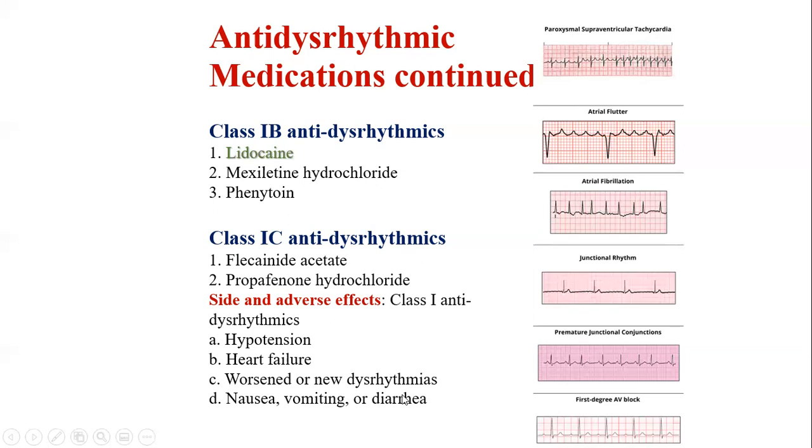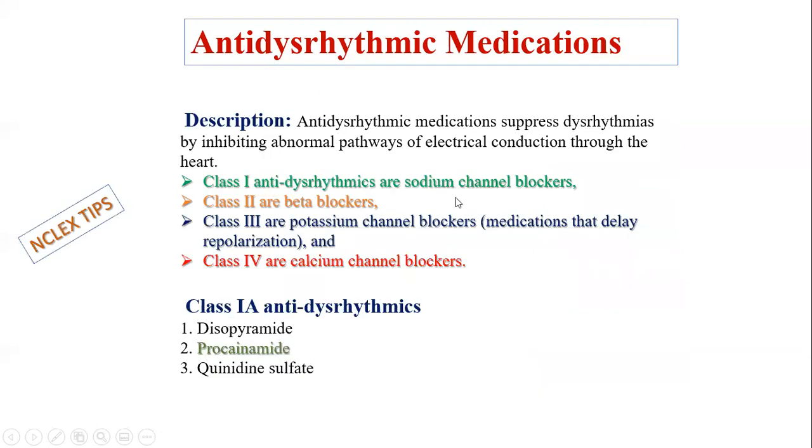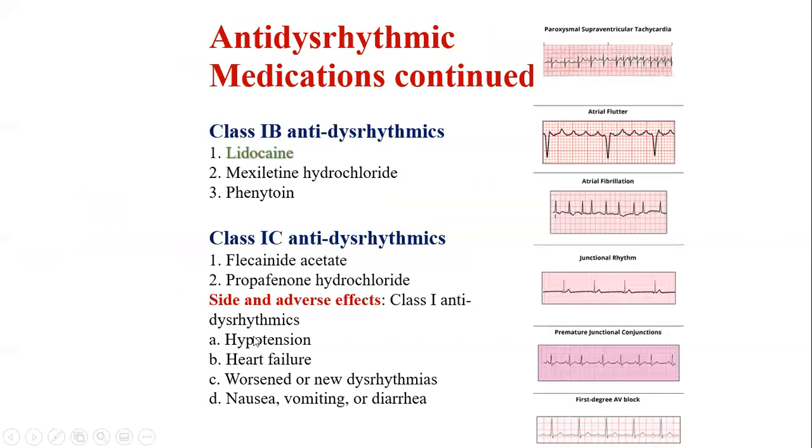So class 1 we call sodium channel blockers. What is the mechanism of action of class 1 antiarrhythmic medication? We call them sodium channel blockers. They block the sodium channel. The most common side effect is hypotension, or some books say lupus-like symptoms or leukopenia, and they can even cause thrombocytopenia.